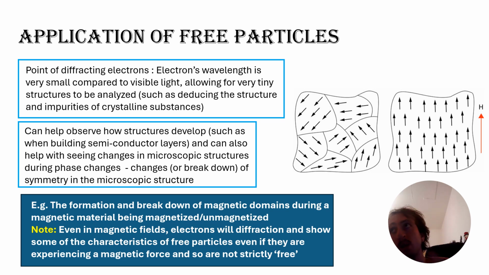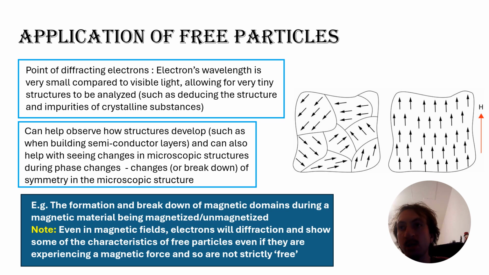And you can analyse this phase change by seeing how electrons diffract through a material, because electrons are charged, so they'll react to a magnetic field, and so the diffraction pattern you'll see will tell you about the magnetic field of the sample and how that magnetic field might be changing.